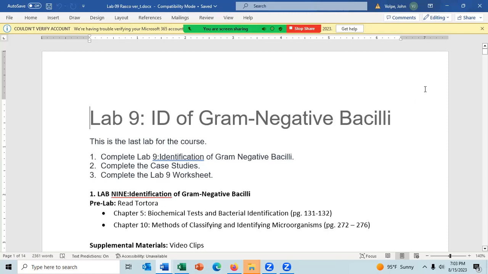All right, lab 9, identification of gram-negative bacilli. We have lab 9 to finish. You need to finish the case studies and then complete the lab 9 worksheet. Any questions about any of that?